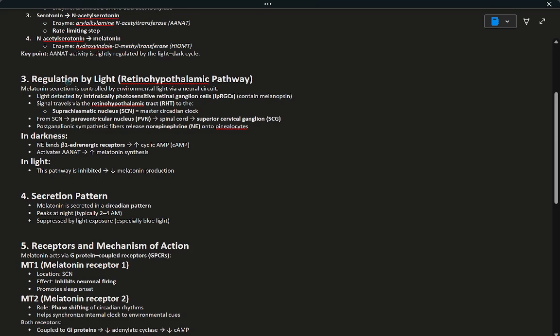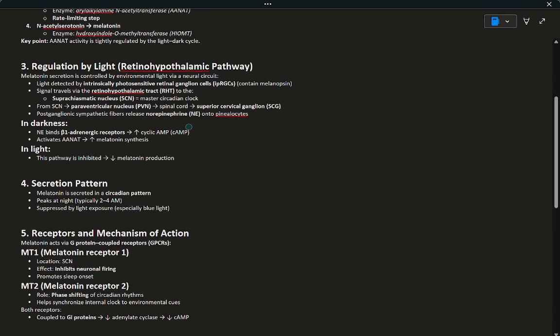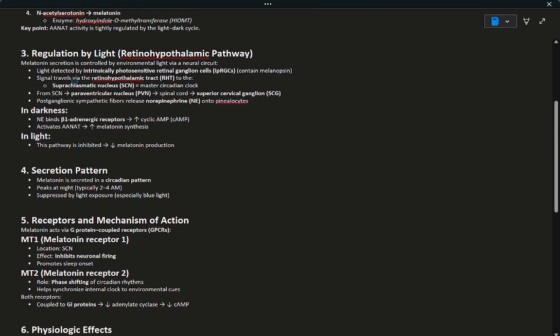Let's talk about the regulation by the light. This is involving the retinohypothalamic pathway. So melatonin secretion is controlled by environmental light through a neural circuit. So light is detected by the intrinsically photosensitive retinal ganglion cells.